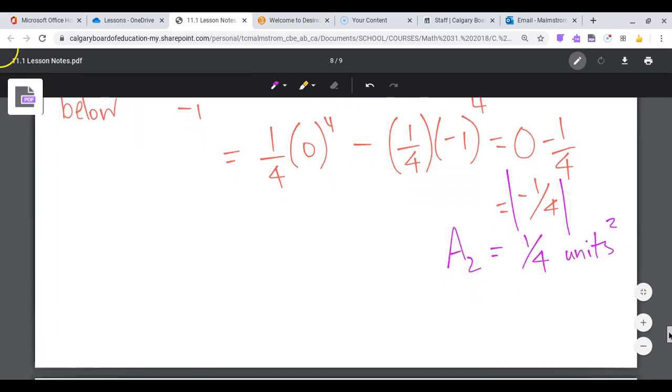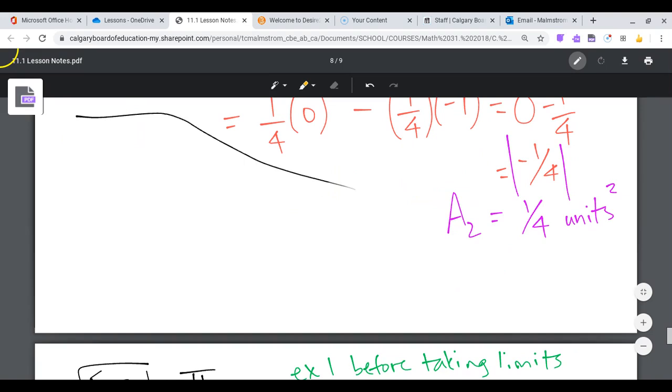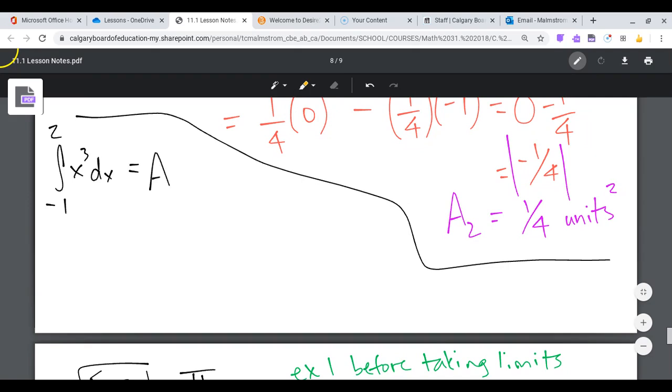And then taking that into account with the formula, the integral from -1 to 2 of x cubed dx is equal to A1 minus A2. Area 1 was the area above, which we calculated as 4, and area 2 is the one we just calculated as 1/4, and this is to give me the answer to the integral.